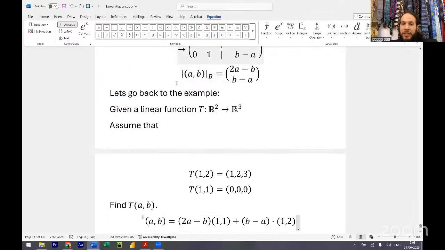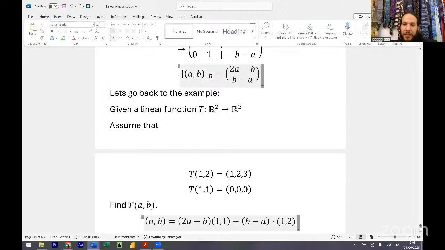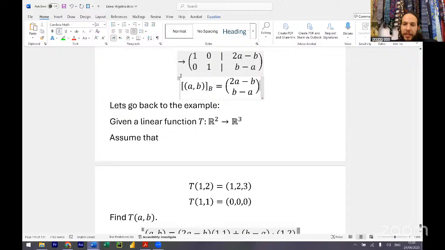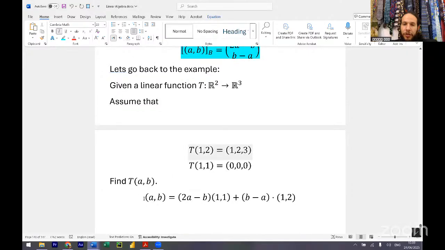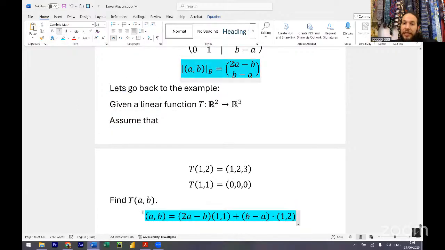So this translates exactly to that. The coordinates are the coefficients of the bases. Okay, agreed?